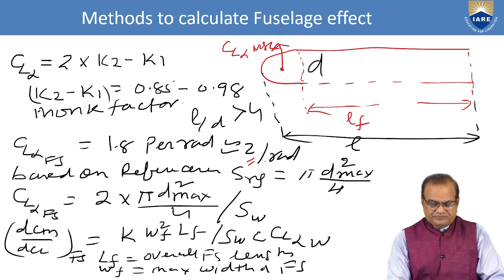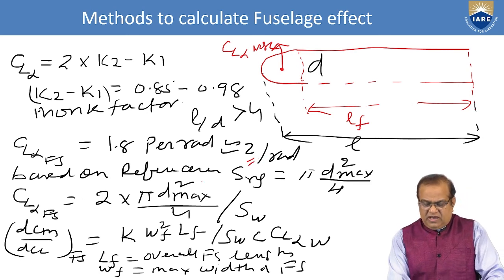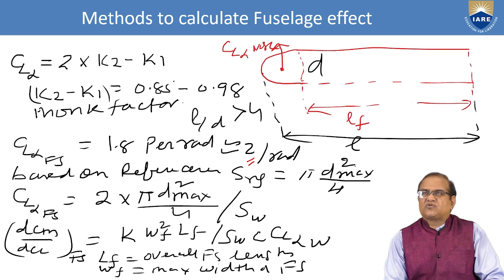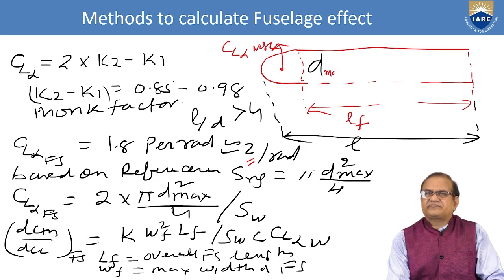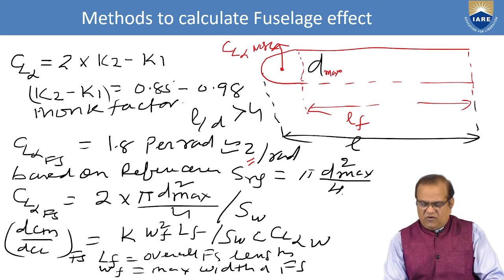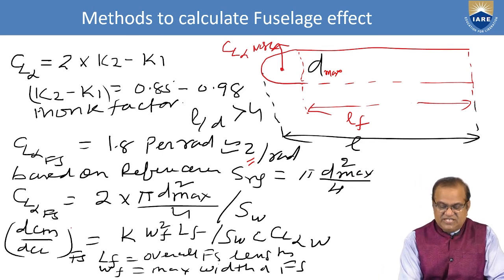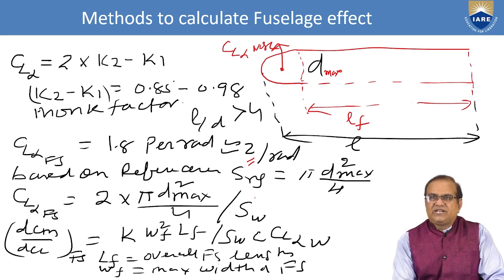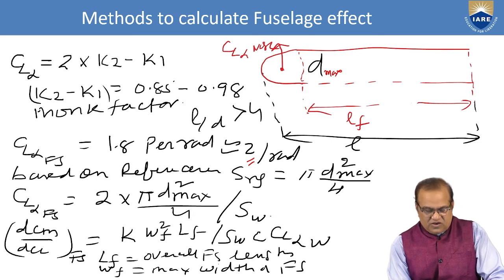Based on the references, the reference area S is equal to pi d max square by 4. So CL alpha of the fuselage is equal to 2 into pi d max square by 4 divided by the area of the wing.